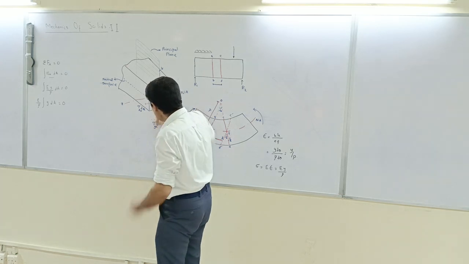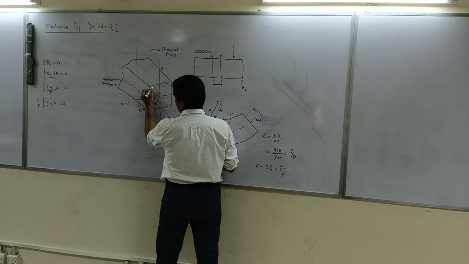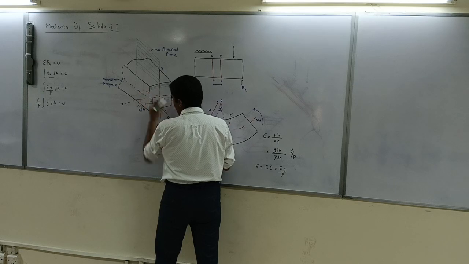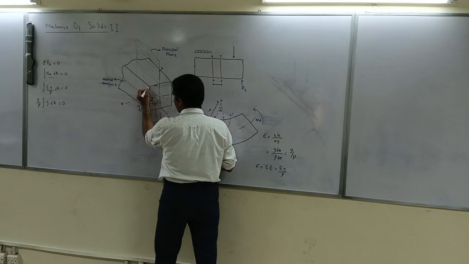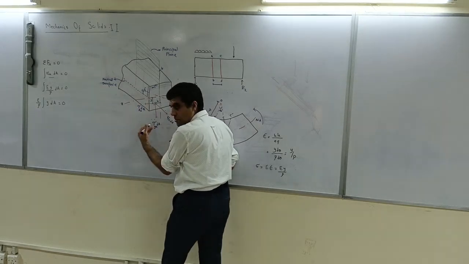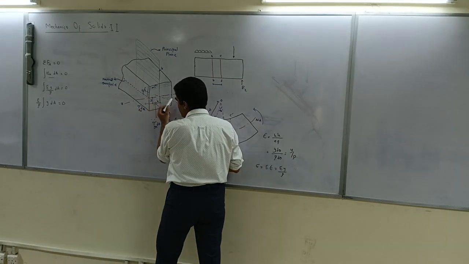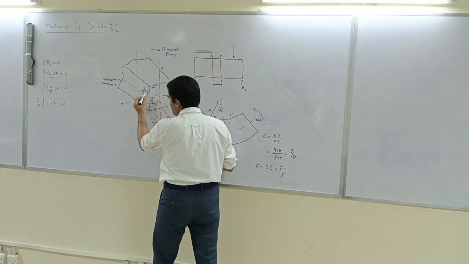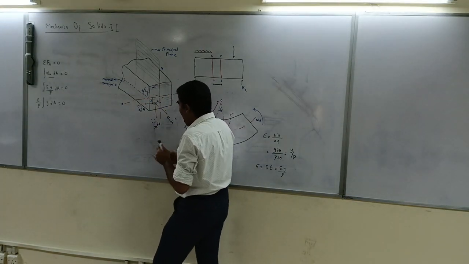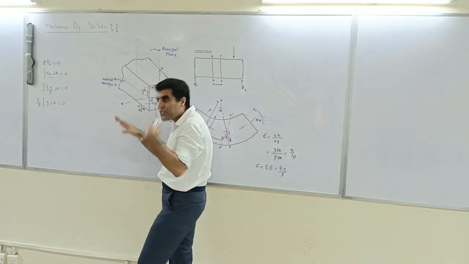So we have dA1 at a distance plus y1, and dA2 at plus y2, and so on. And similarly, we have a mirror image for the area which is under this axis, that is dA1 at minus y1 and dA2 at minus y2. So we add them up and we will get 0.